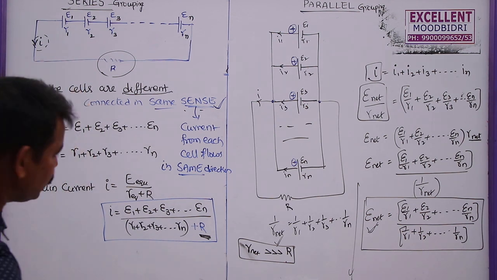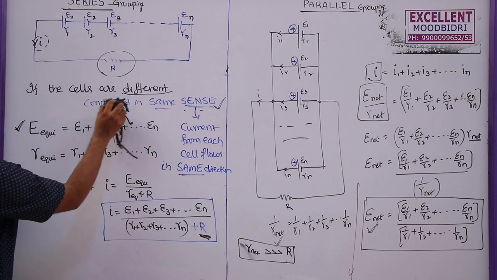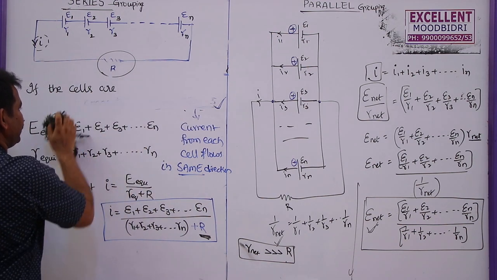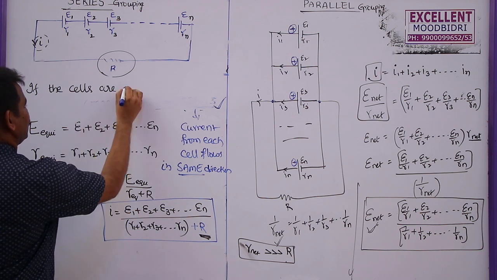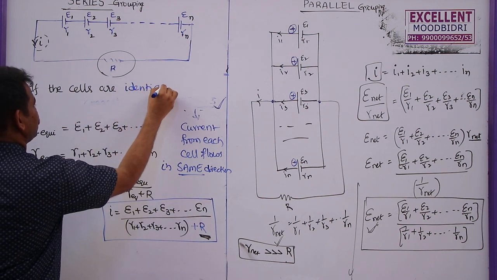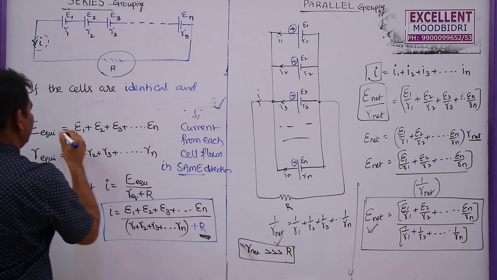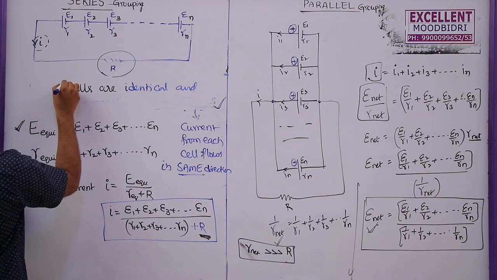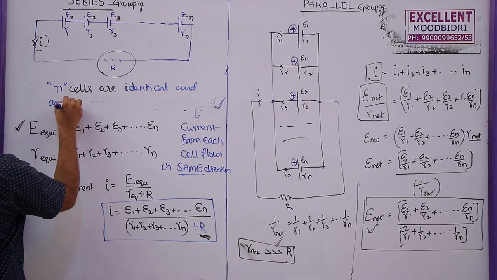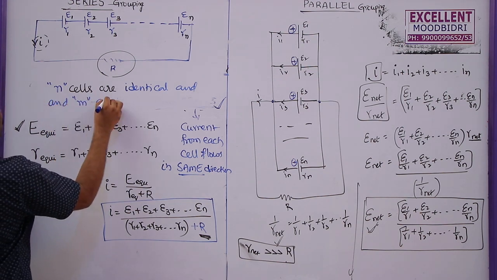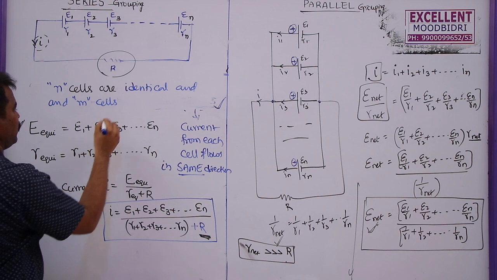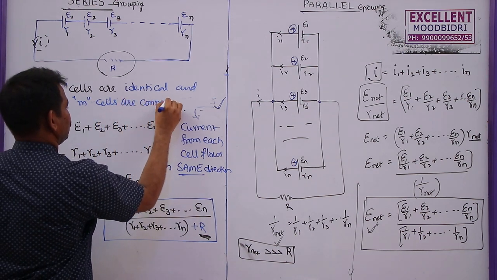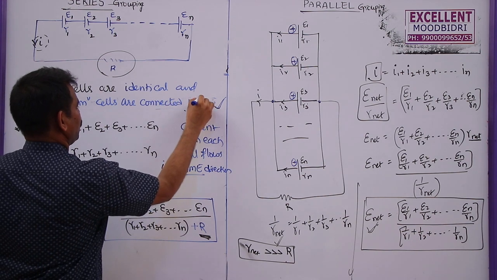Now, for that, let us say n cells are identical and m cells in that combination are connected wrongly.